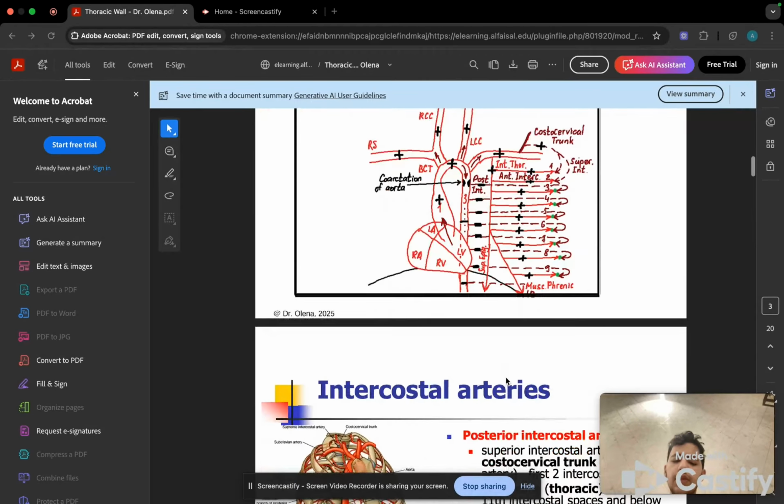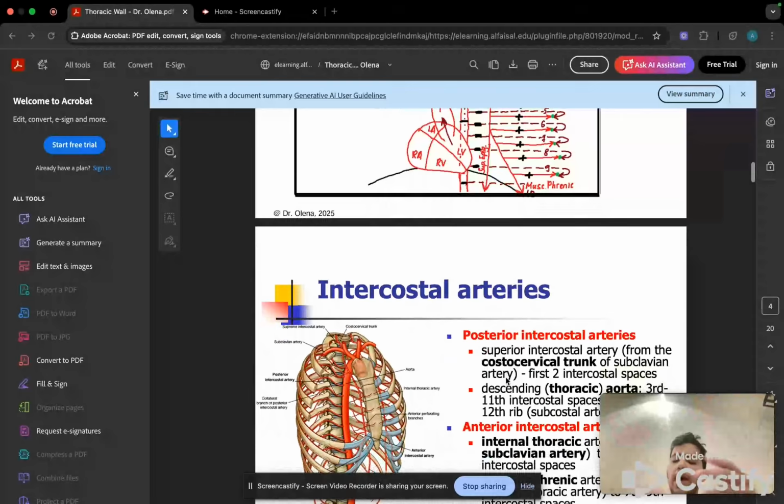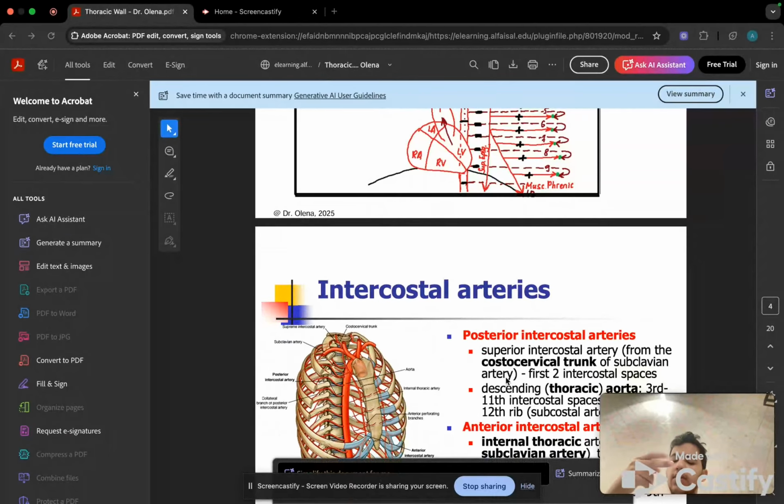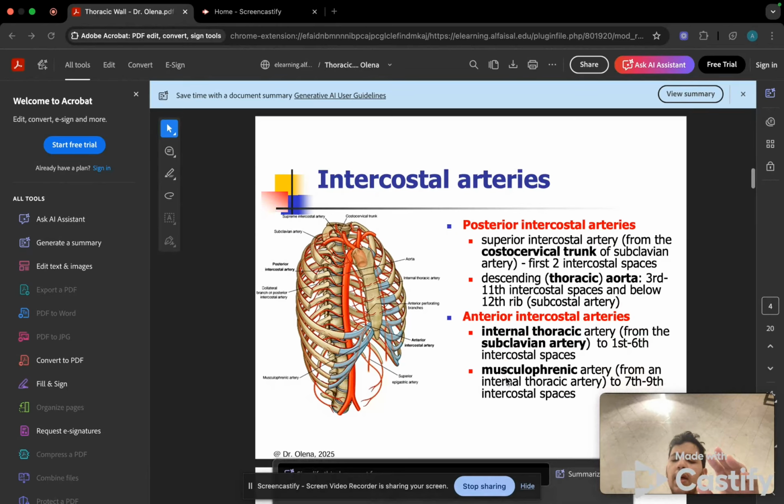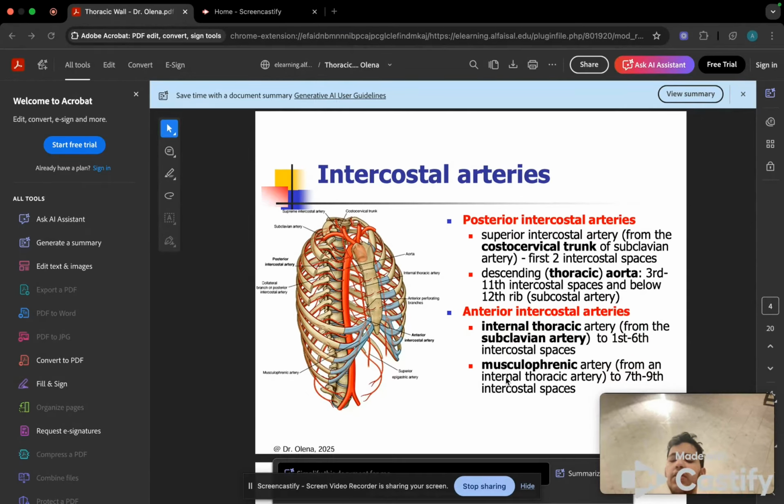It's better. Okay, so you have two intercostal arteries. You have posterior intercostal arteries and you have anterior intercostal arteries. First of all, let's start with the anterior. Anterior intercostal arteries from 1st to 6th will be from the internal thoracic artery.